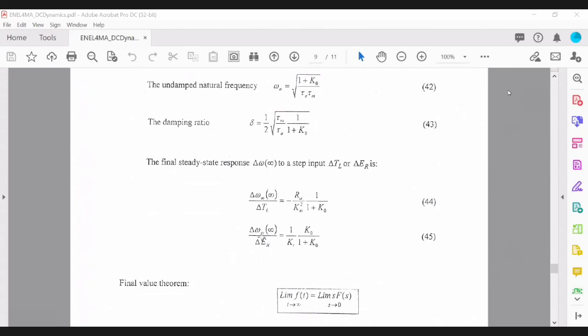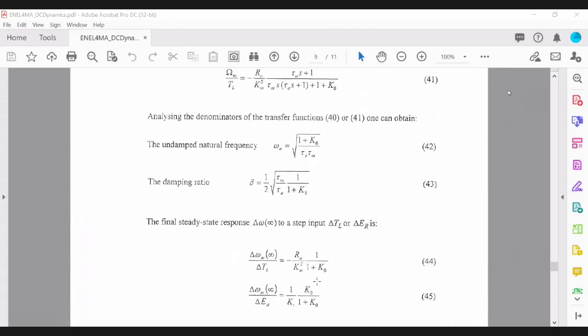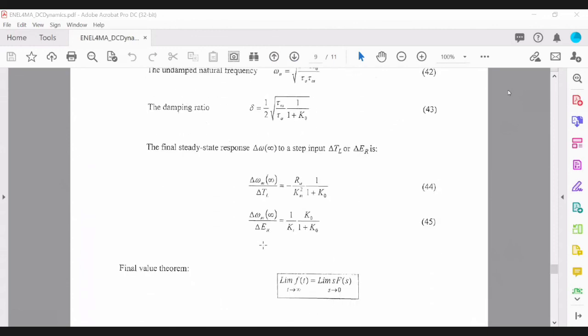This is the function that we can apply when solving this equation in the S domain, for determining the final steady state response of the speed to, for example, a step change in the load torque, or a step change in the reference voltage on the speed control system.